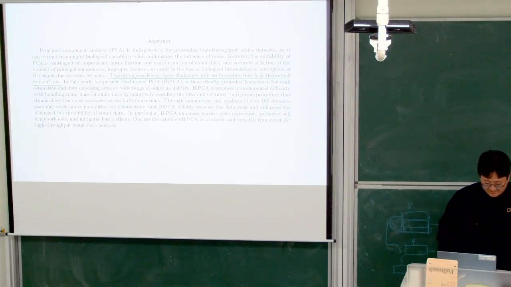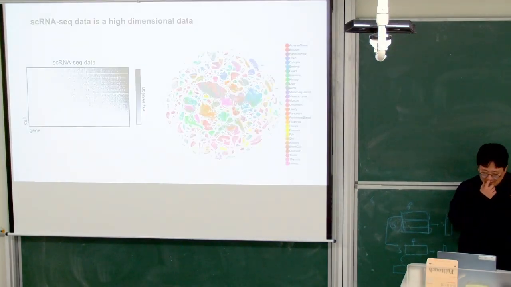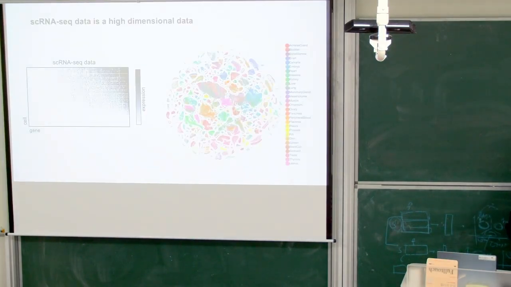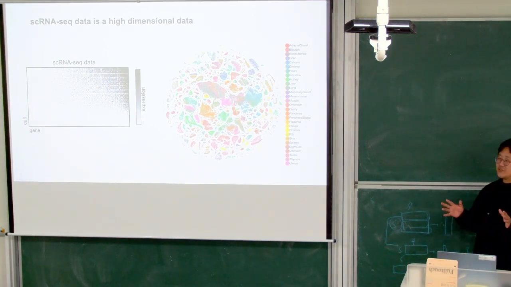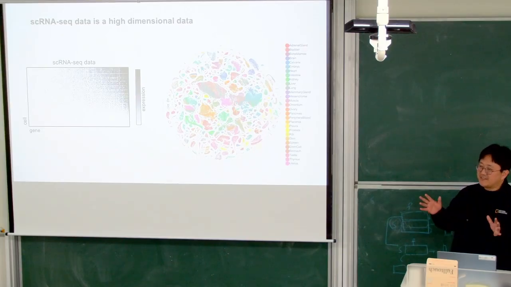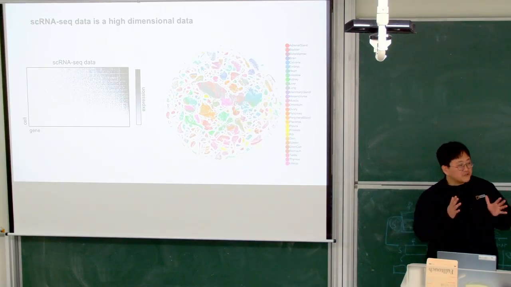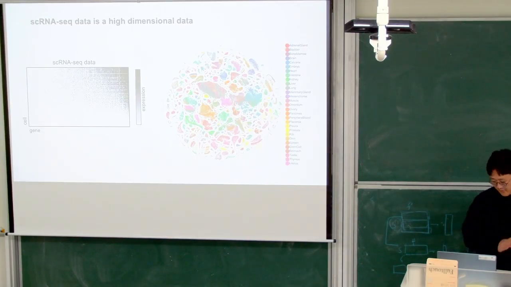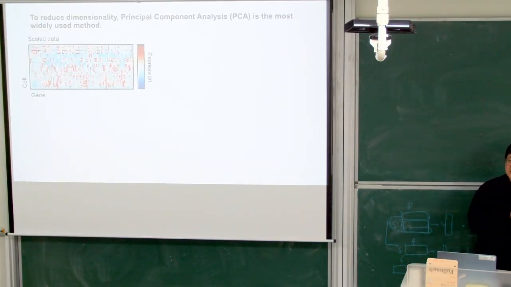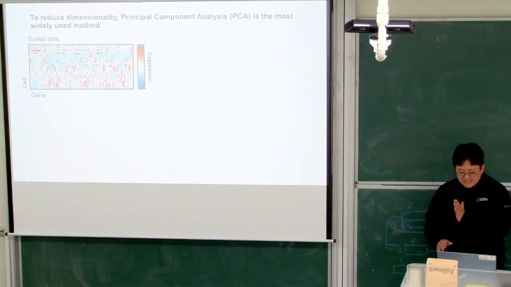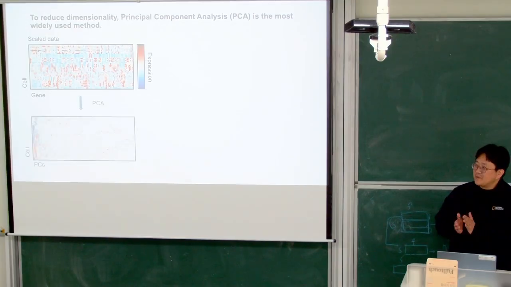And as you know, single-cell sequencing data is quite large and massive data, right? So to interpret the patterns contained in this data, we need to reduce the features, right? So the most widely used method for this is what? PCA, right?